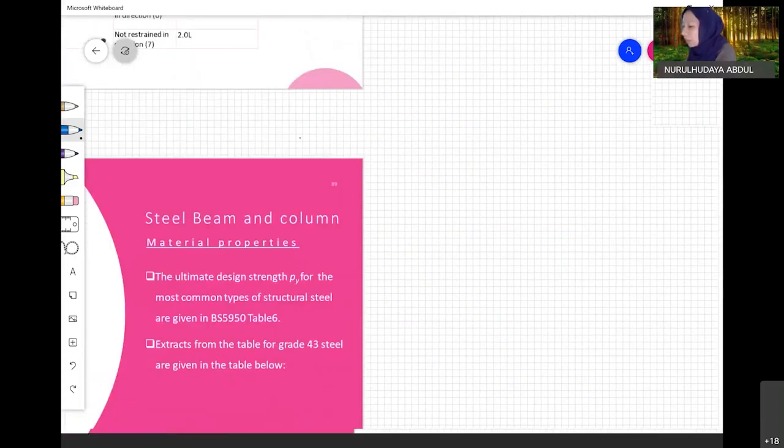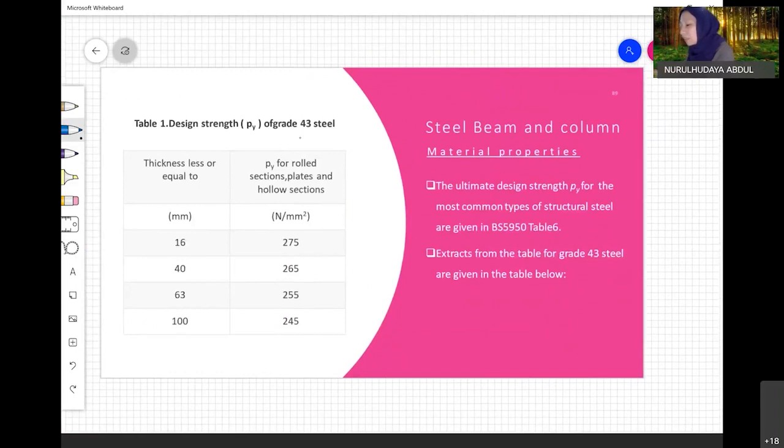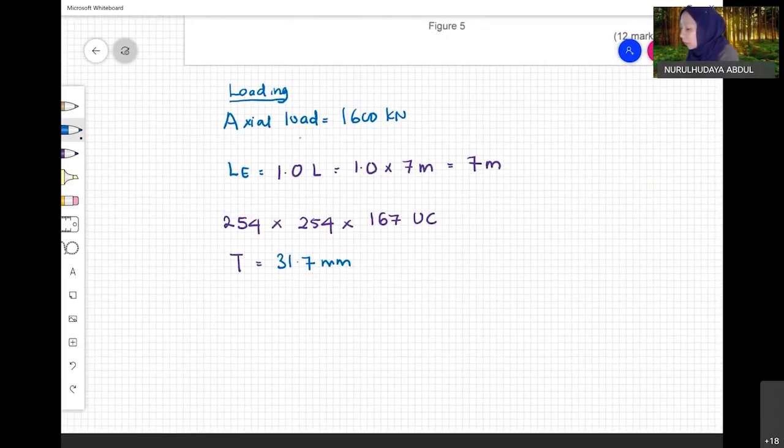Look at this table, design strength Py. Obviously 31.7 is within the range of 17 to 40, because this one is 0 to 16. 17 to 40 is 265. 31.7 is between 17 and 40. So Py is 265, which means this one is more than 16 mm. Okay, so Py is 265.